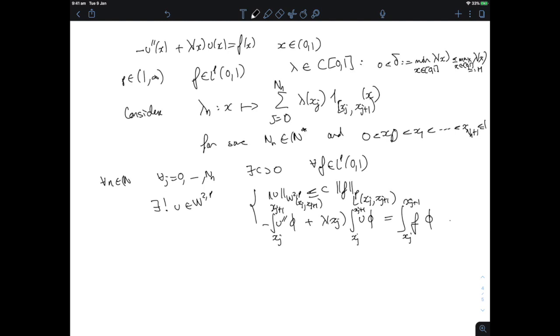Now, it's important here to realize that the constant we obtained before only depended on lambda. So really, I should have been a bit more precise with that before, but the constant we are getting here is purely dependent on the delta that we have here and the m that we have there.